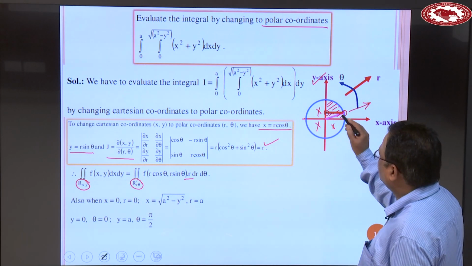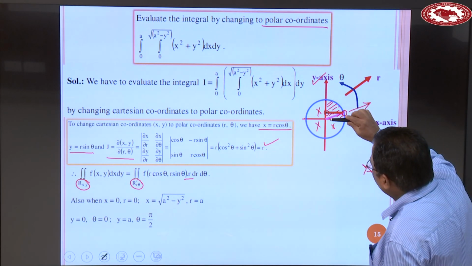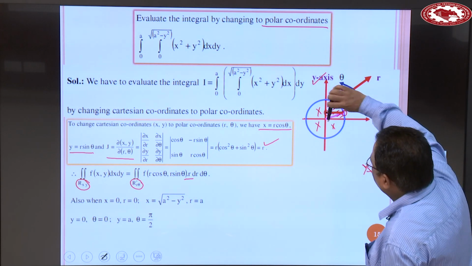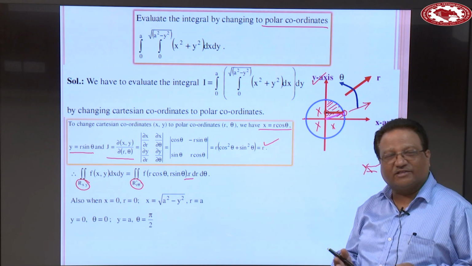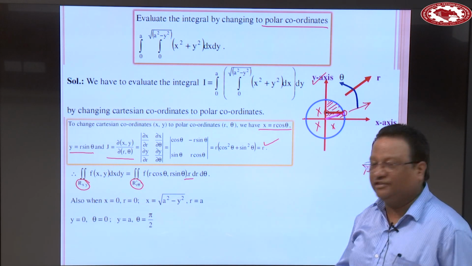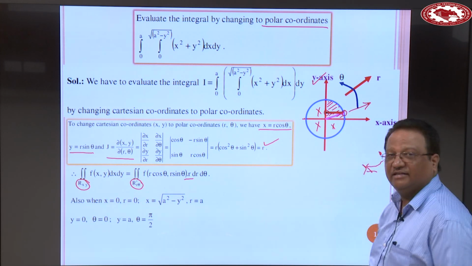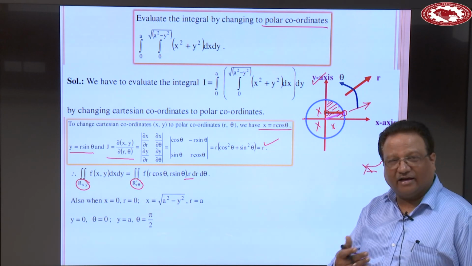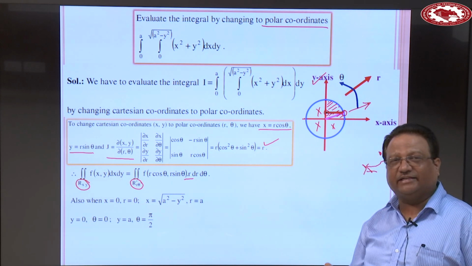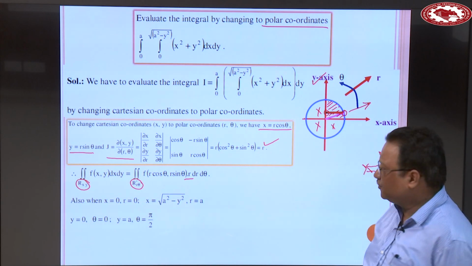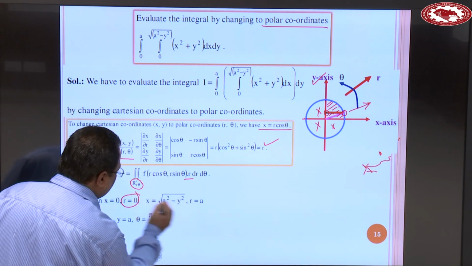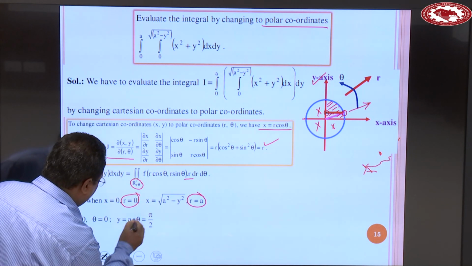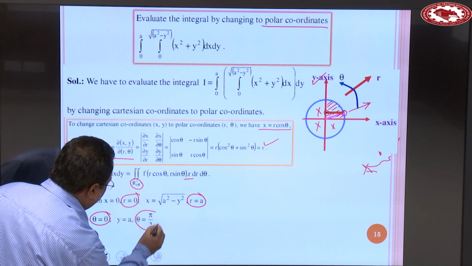Now when this strip is at this position theta is 0, and at this position theta is pi by 2, to cover the whole region of integration within this circle in the first quadrant. So r varies from 0 to a and theta varies from 0 to pi by 2.